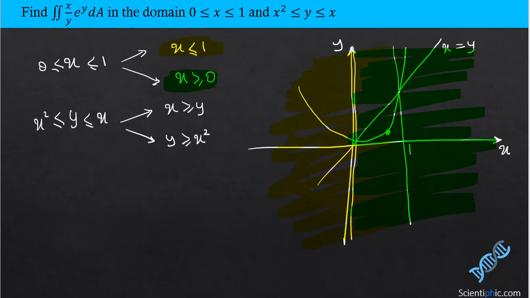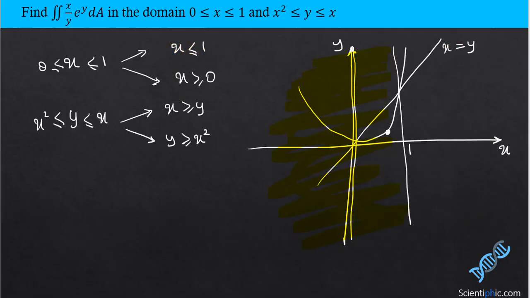When is it possible for x to be simultaneously less than 1 and greater than 0? That is possible if we have this region. So in this region, we see that x is less than 1, but also is greater than 0.